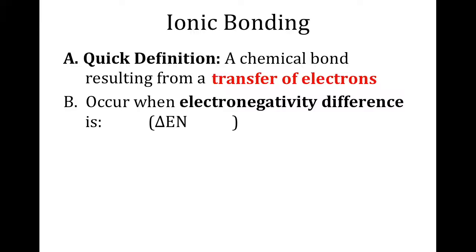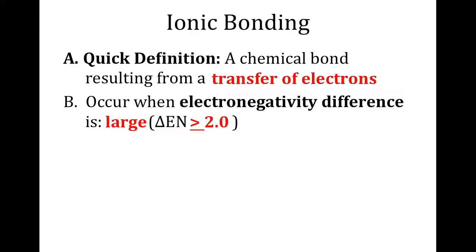If you remember, the electronegativity difference was going to be very big. If the electronegativity difference is greater than or equal to 2, and we will give you numbers, we're not expecting you to memorize the electronegativities of certain elements, but we might give you the numbers. If the difference between the 2 numbers is greater than 2, that is big enough that it's going to be an ionic bond. Okay?